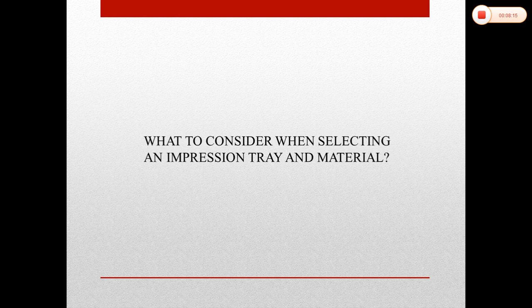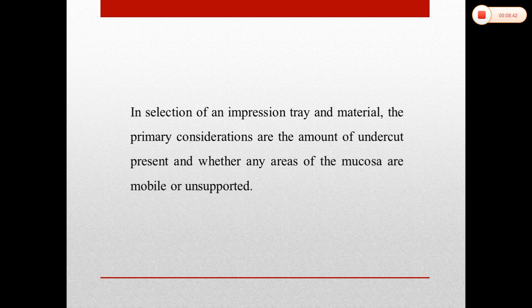So how many kinds of these special trays are there, or how exactly do you want to fabricate these special trays for the particular condition? Depending upon what we are going to select, we have to select the particular type of resin for the special trays. That depends on the amount of undercut present in the oral cavity and the type of mucosa present on the alveolar ridges.